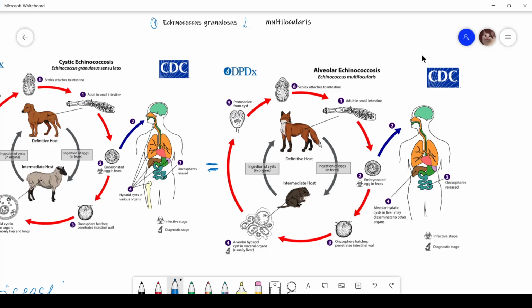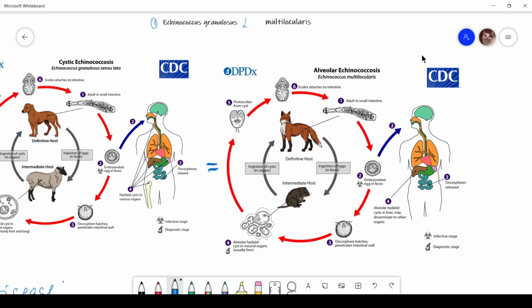Okay, when the intermediate host ingests eggs, from the eggs six-hooked oncospheres are released and penetrate the intestinal wall and migrate through the circulatory system into various organs.